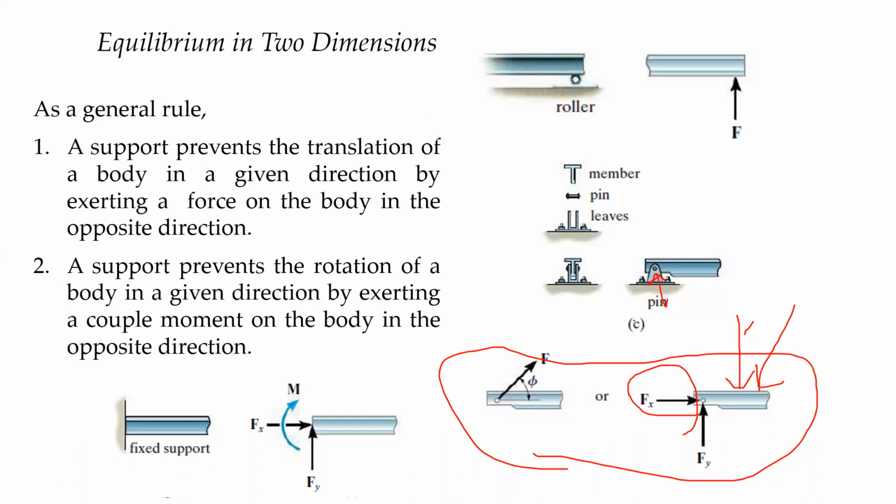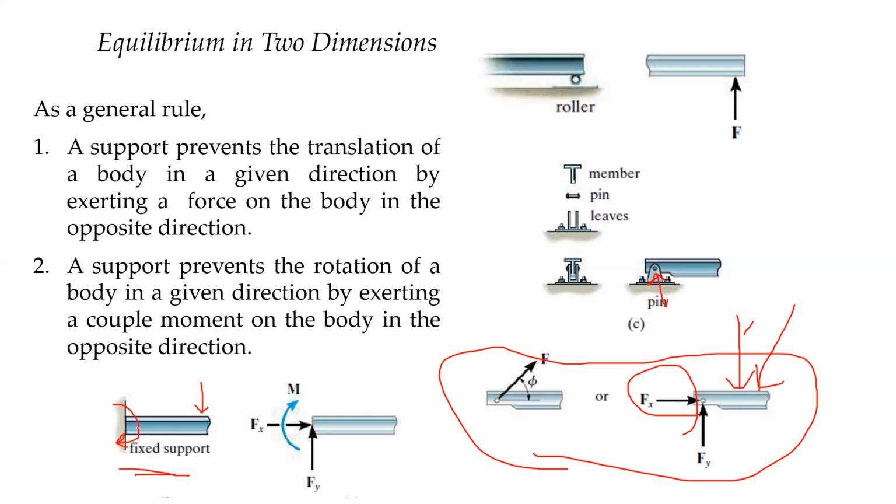Now, a support prevents the rotation of a body in a given direction by exerting a couple moment on the body in the opposite direction. Usually, if we have this kind of structure here, a fixed support structure, which is sometimes referred to as a cantilever beam, and I have a force going down here, it creates a clockwise moment about this point.